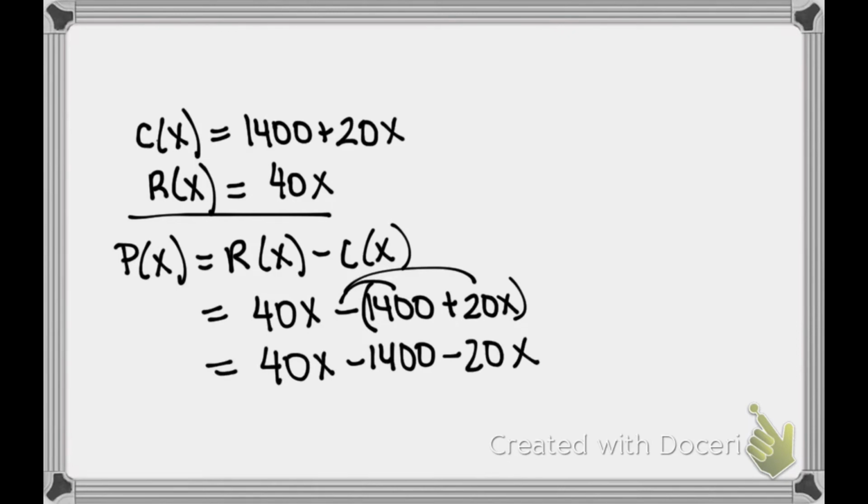All right, so my profit function, if I put my like terms together, is 20x minus 1400. So I could graph these, and I could also try to find the break-even point.